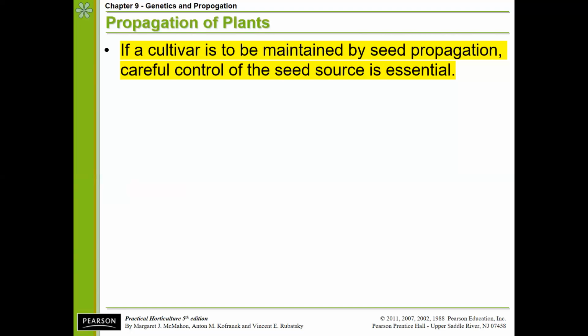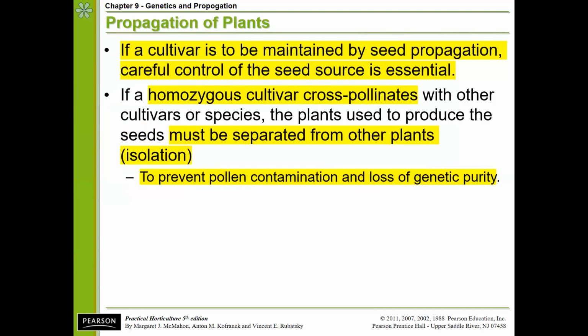Of course, there are other genes that are important to look at in terms of what climates they grow well in, how well adapted they are to drought stress, things like that. If we have a homozygous cultivar, which again means that they have the same alleles for a trait, and that cultivar cross-pollinates with other cultivars or even other species, then the resulting seed will be different than the parents.